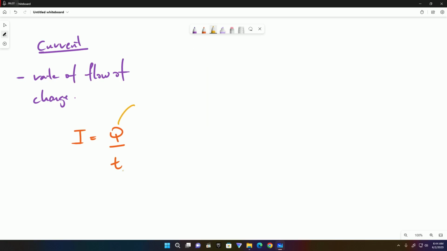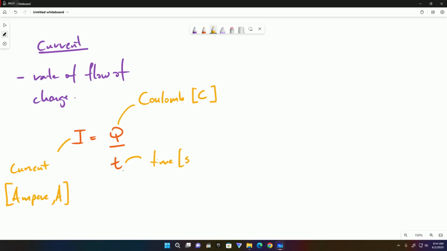The unit of electric charge is the coulomb, and it is represented by capital C. Charge is measured in coulombs. This is electric current, and this is measured in amperes, named after a dead dude. So is the coulomb, by the way. Ampere, capital A. T is time, measured in seconds.